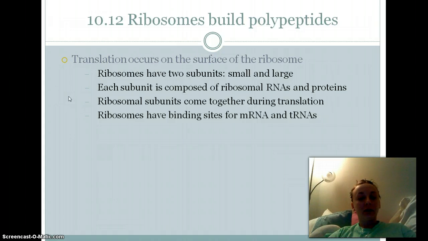Ribosomes have two units, one small and one large. Each one of these subunits is composed of rRNA, ribosomal RNA, and proteins. These subunits are going to come together during translation, and they have binding sites for mRNA and tRNAs, and then it's going to allow that amino acid chain to form a protein.